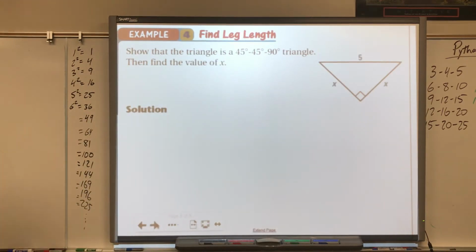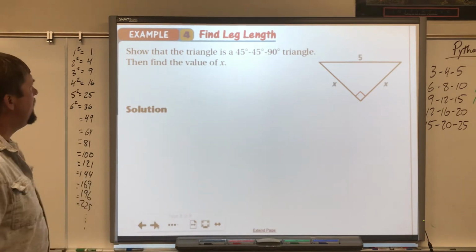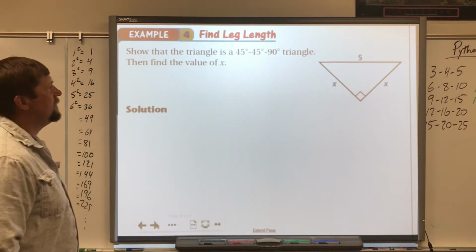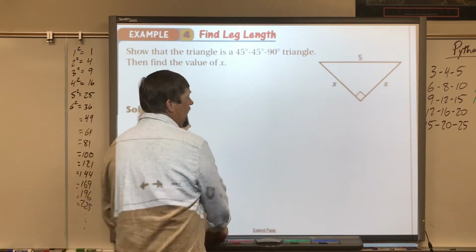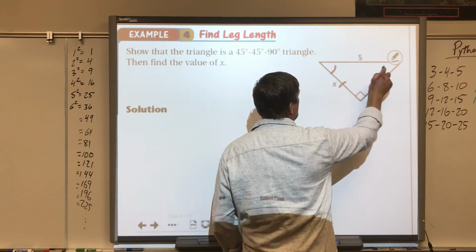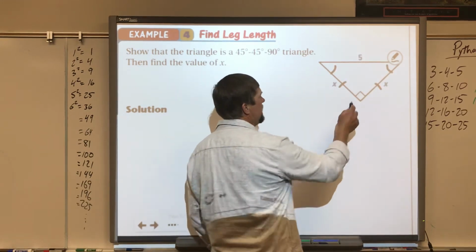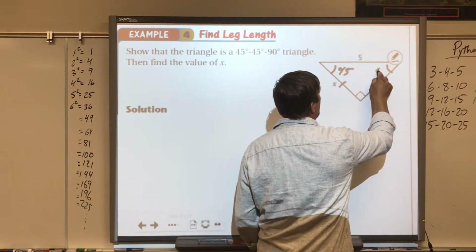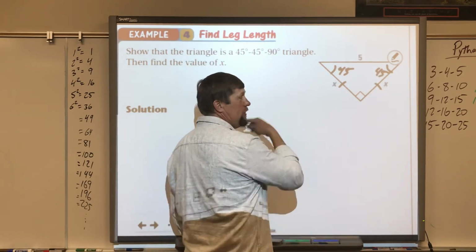Show that the triangle is 45, 45, 90, and then find the value of x. Okay, so I know this is an isosceles triangle because two sides are the same. We then know the two base angles are the same, and they have to be 45 in that case, for the reason we just talked about.